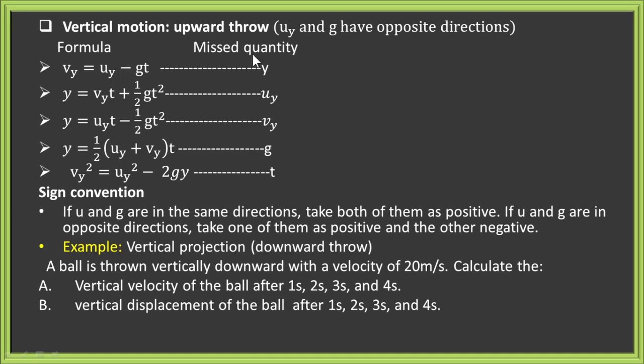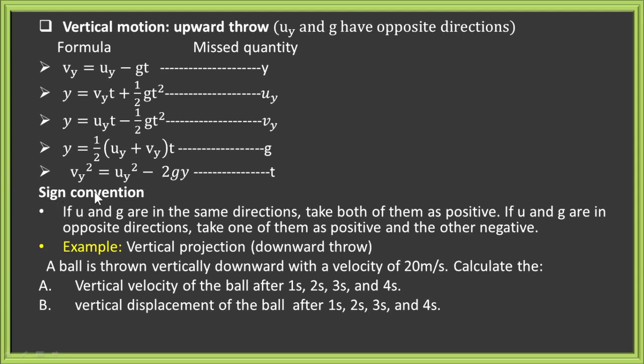Because in this case Ui and G have opposite directions, so the acceleration due to gravity is taken to be negative. The missed quantities are shown here. We make the acceleration negative here. Negative of negative is positive. There is no negative G here, but here it is negative.